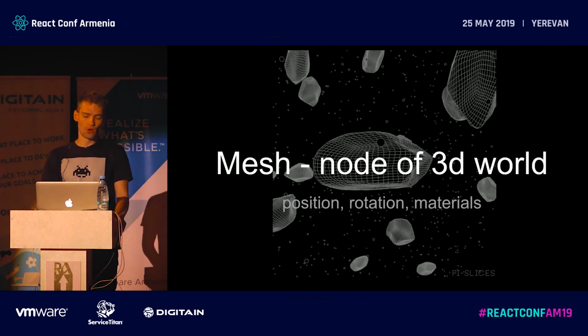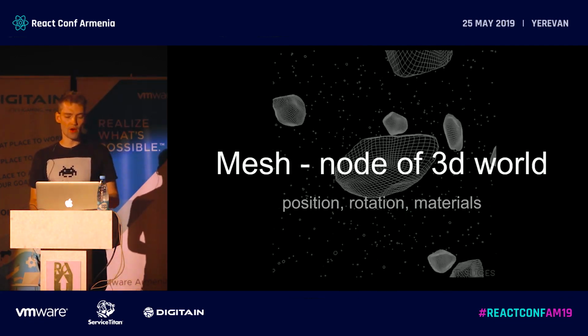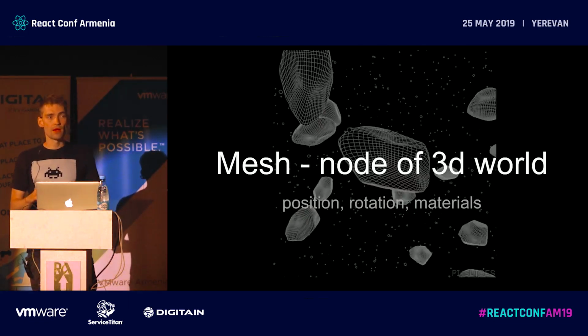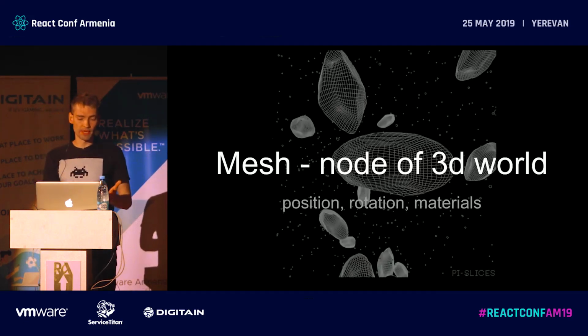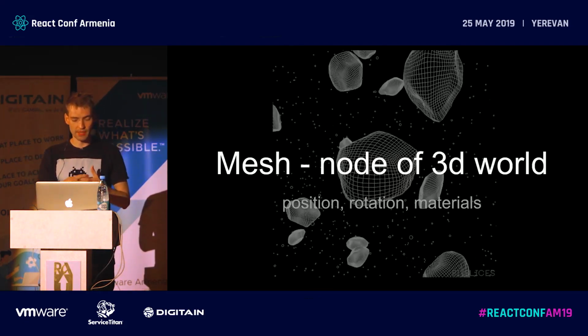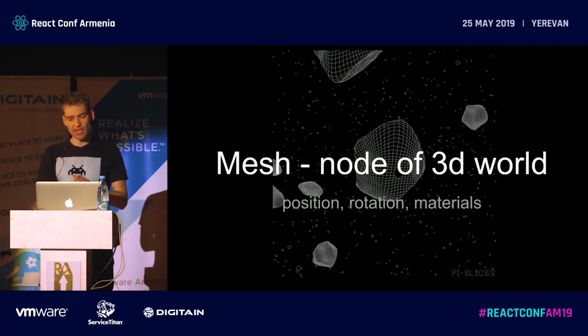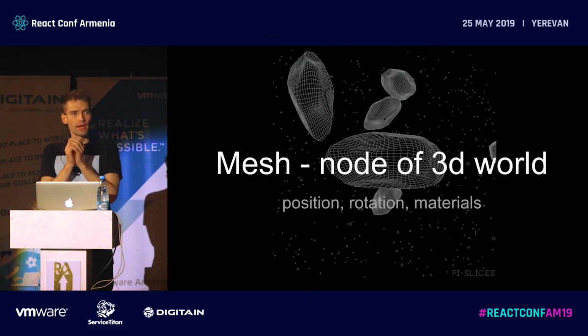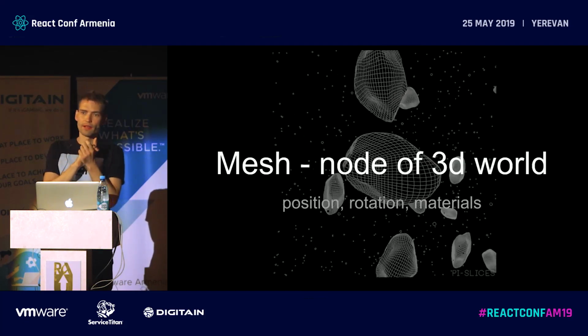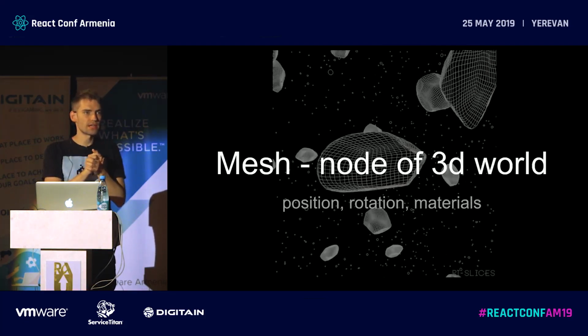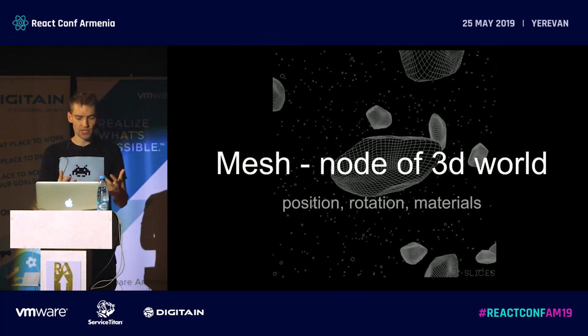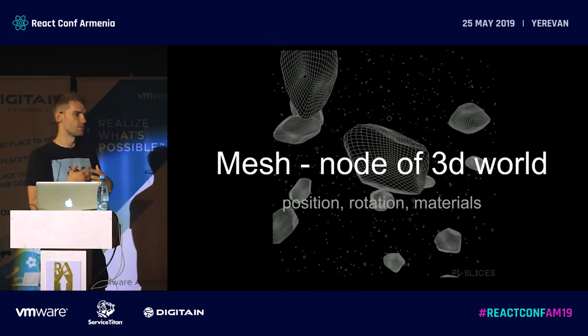And a bit of background on how BabylonJS manages 3D and how the structure of an application is built. The elementary item in BabylonJS is a mesh. A mesh is just a single object.